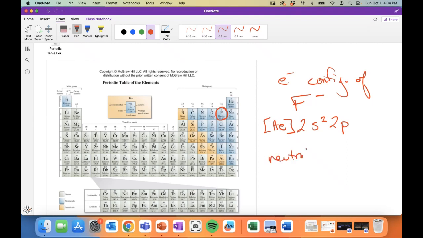So if it was neutral, it would be helium 2s2, 2p5, but this is negative. We are now doing the negative version, so this is now going to be 2p6 to reflect that one additional electron.